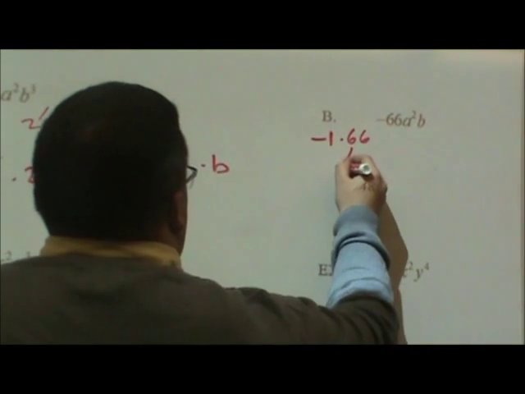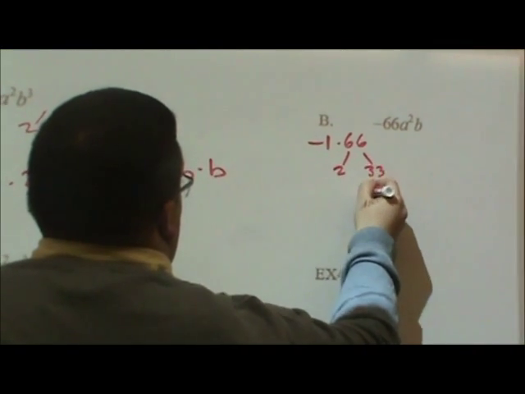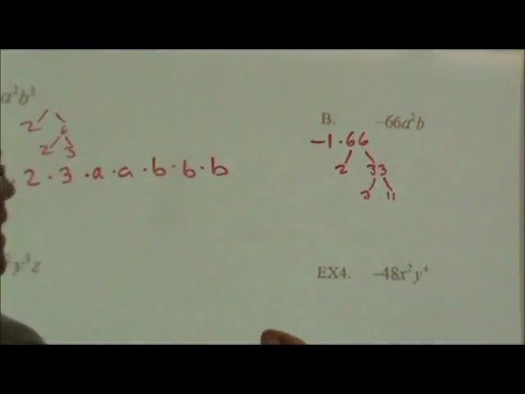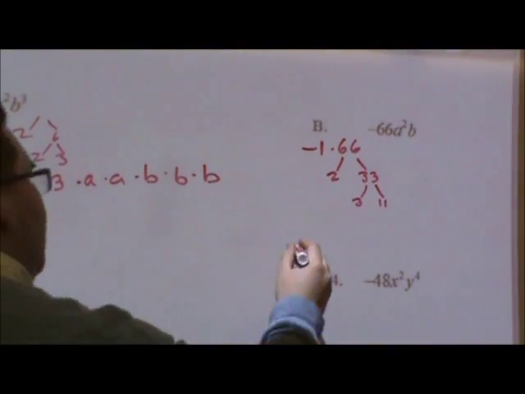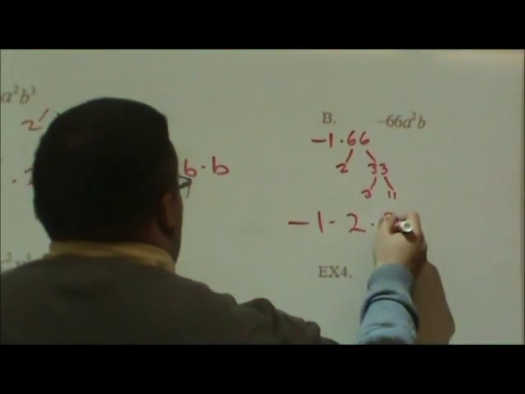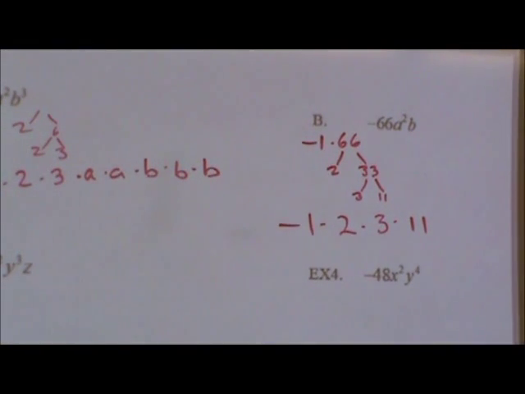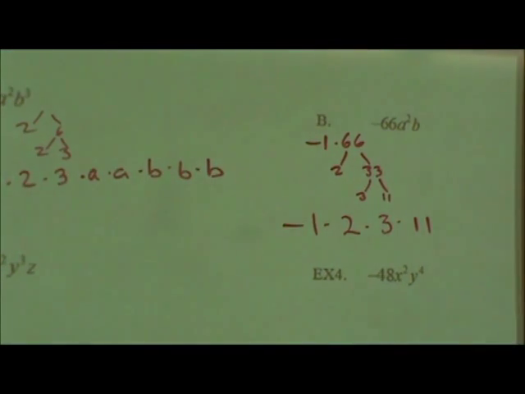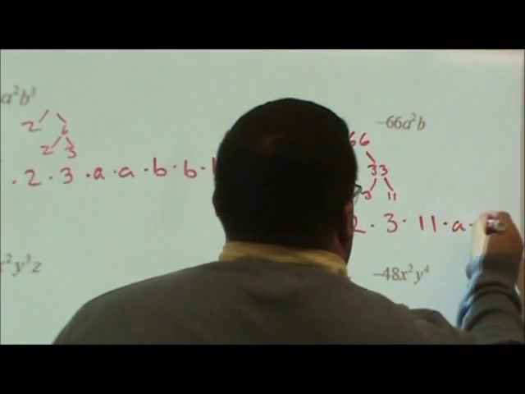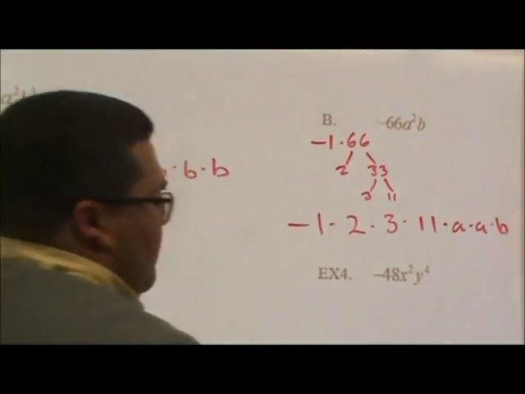So we got 2 and 33, 3 and 11. Can't go any further. So our numbers, -1 times 2 times 3 times 11. And now with our variables, we can't have exponents. We have a times b.